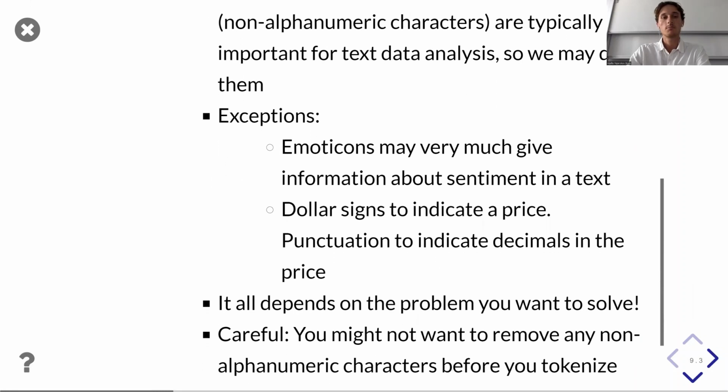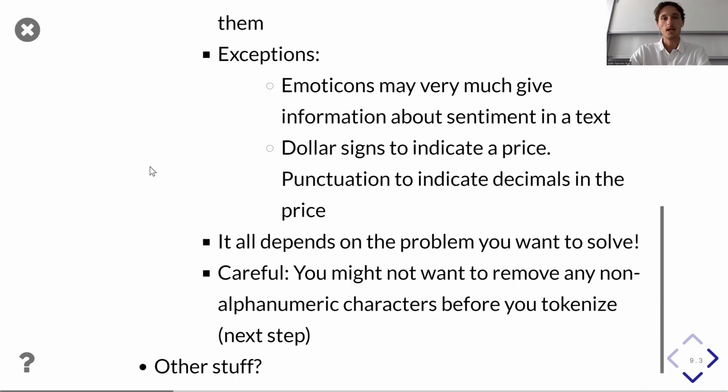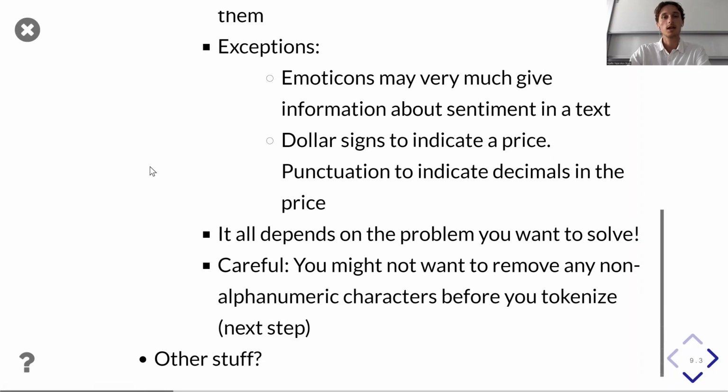The exceptions can be emoticons, and emoticons, for example, with sentiment analysis in text, are very important. So we wouldn't like to drop emoticons. And another exception can be dollar signs to indicate a price, and the punctuation in the price to indicate decimals.